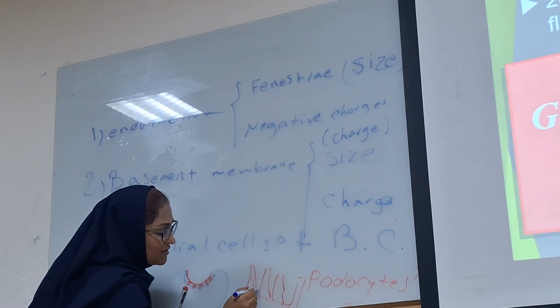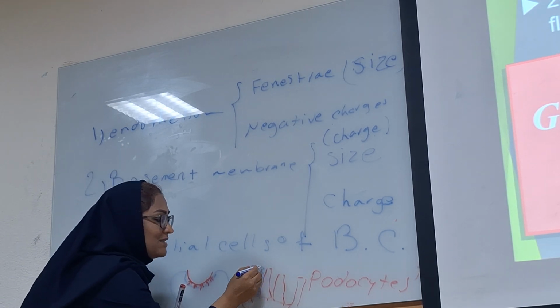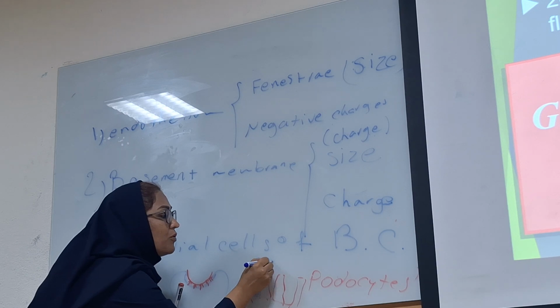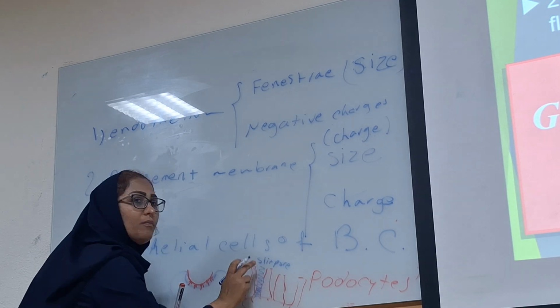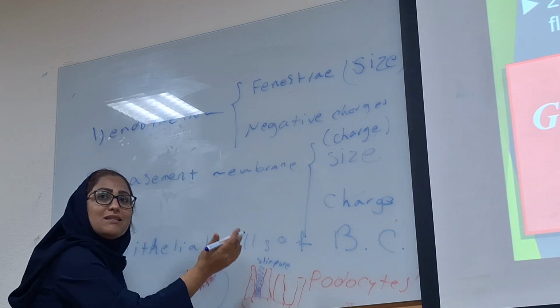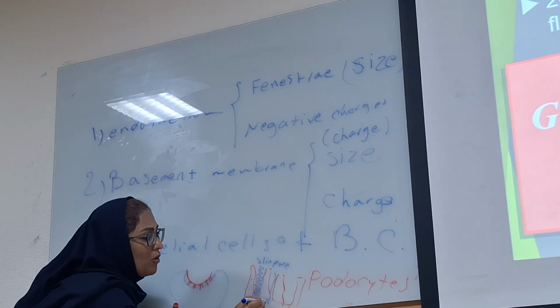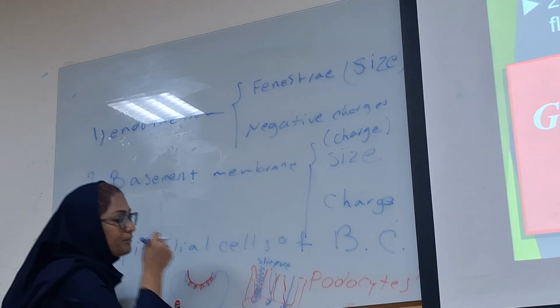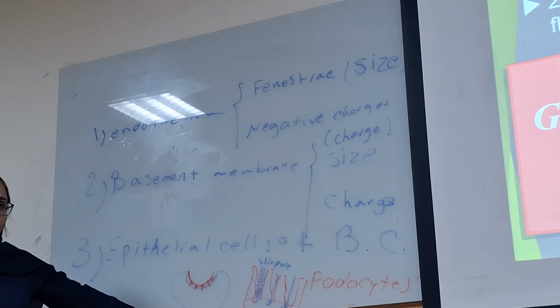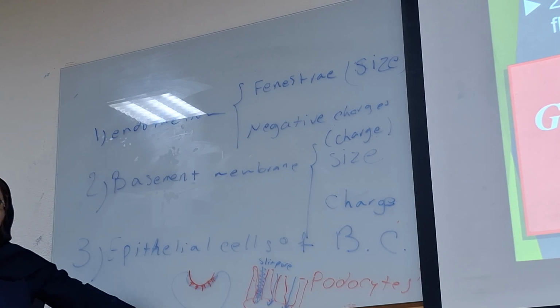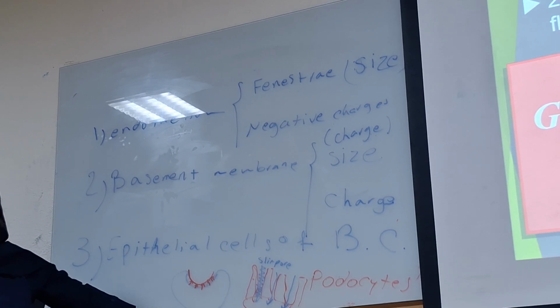You can see this gap here. This gap is called a slit pore. The filtrate must pass through the slit pores. What should pass between the slit pores?